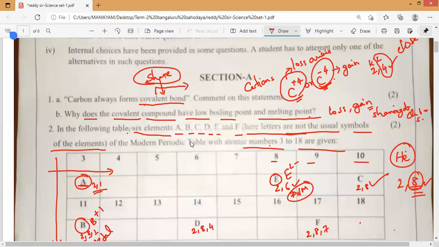So it cannot gain and it cannot lose. Remember that. Suppose it gains, what will happen? It has only 6 protons, and the proton number will never change. If it gains 4 electrons, the number of electrons becomes 10. Six protons cannot hold 10 electrons. In the same way, if it loses 4 electrons, then the 6 protons in its nucleus hold just 2 electrons.